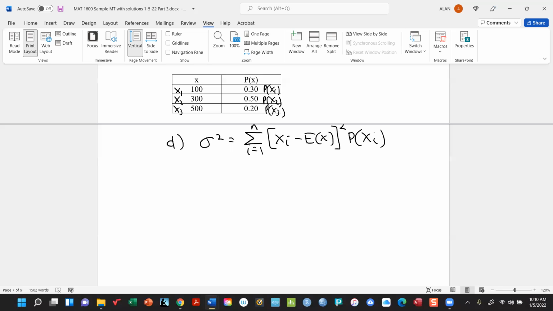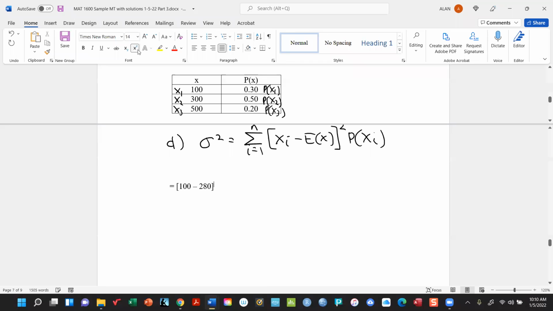So here you would have X1 is 100. Now we just got through proving that EX, or expected value of X, is equal to 280. So we're going to subtract 280, and then we have to square the result before multiplying by the probability that X equals 100, or 0.30.